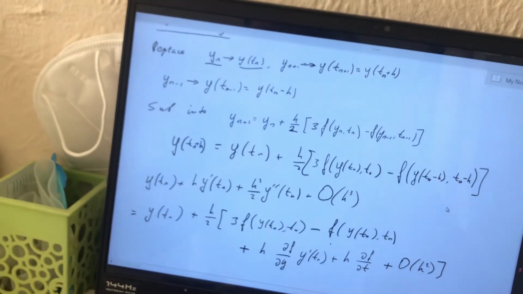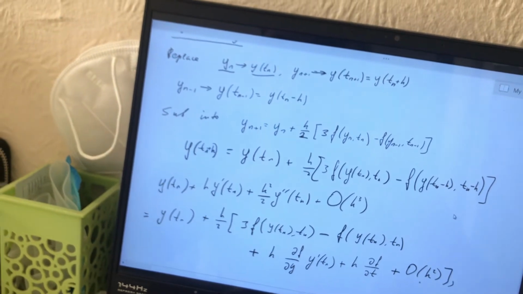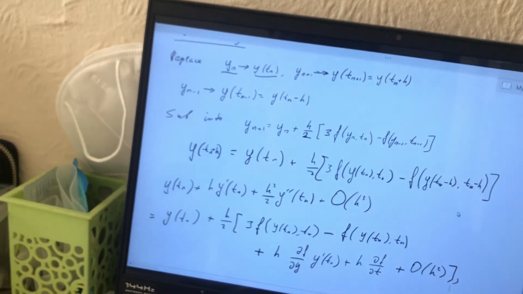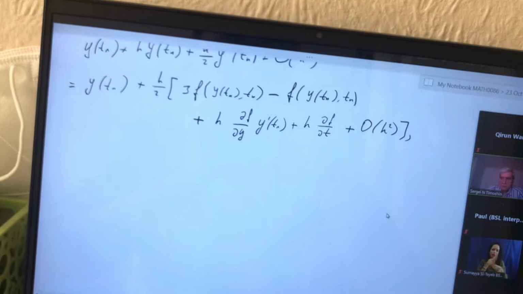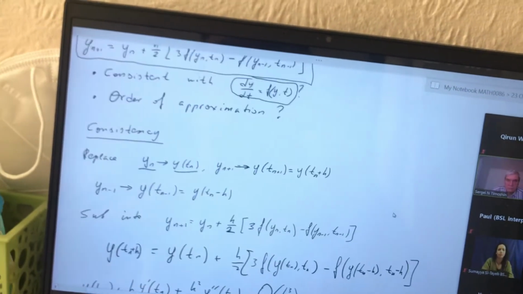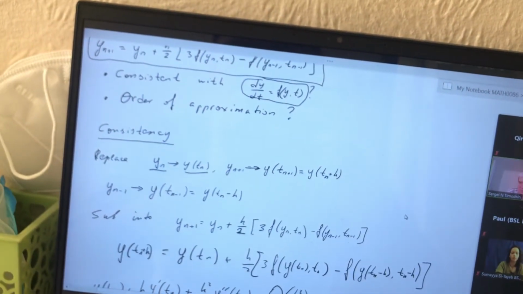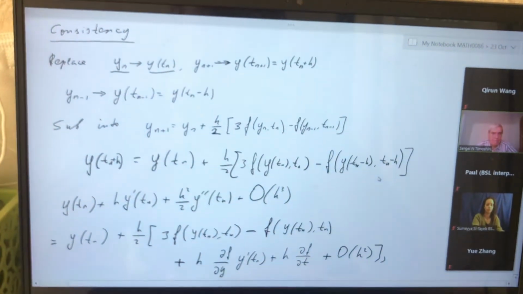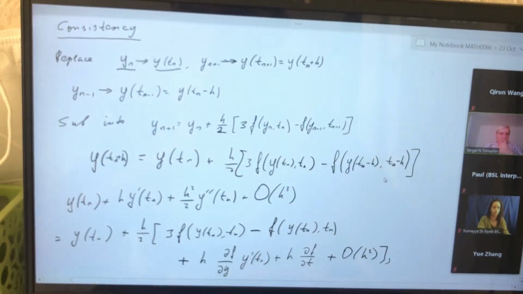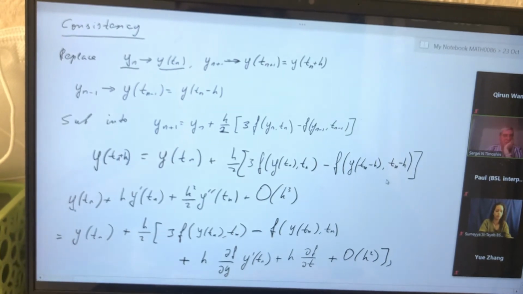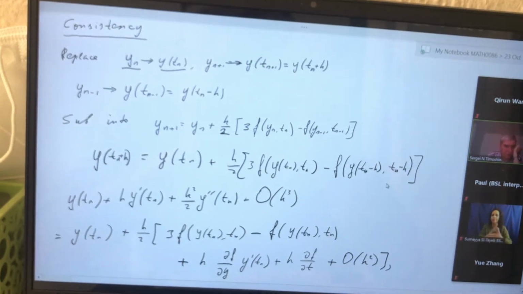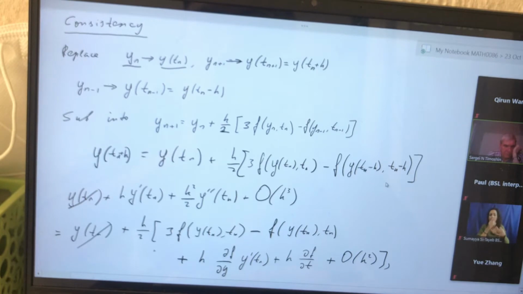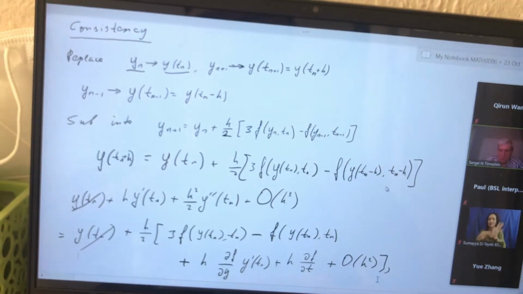Right, anything we can do to simplify this formula? This is the beginning of the left-hand side. We can cross out y at t. This is already easy.